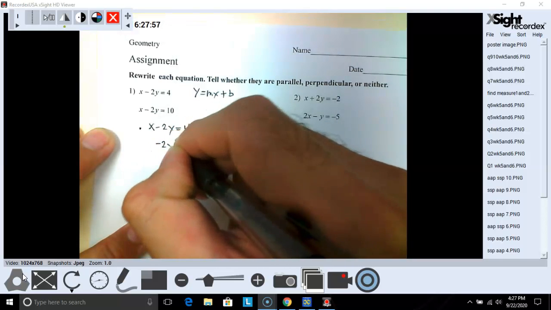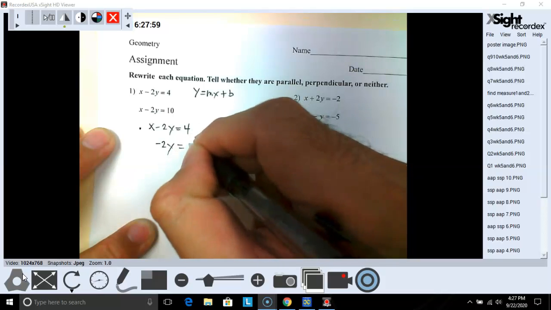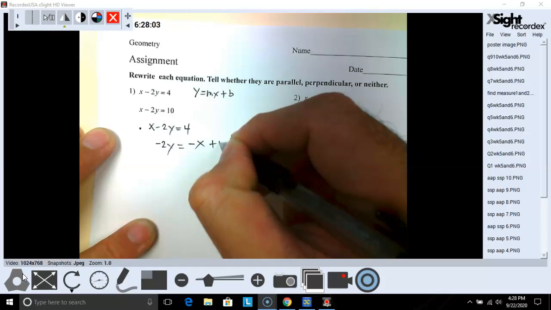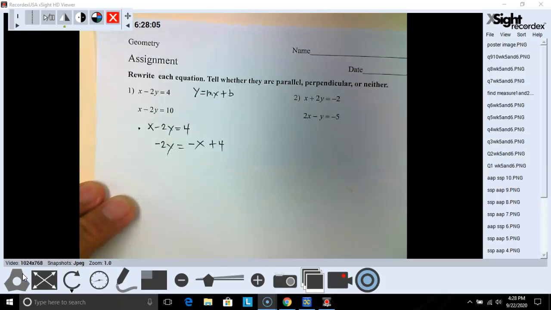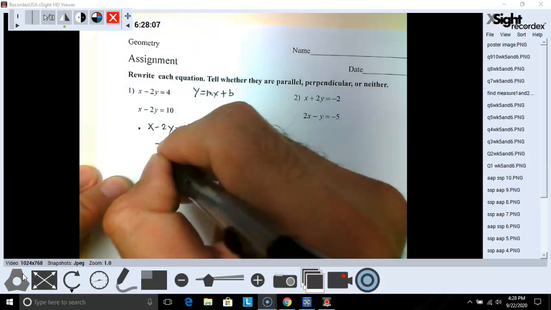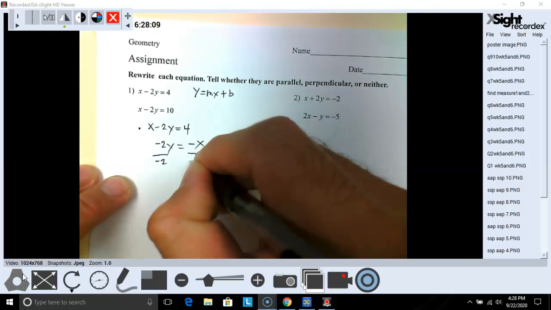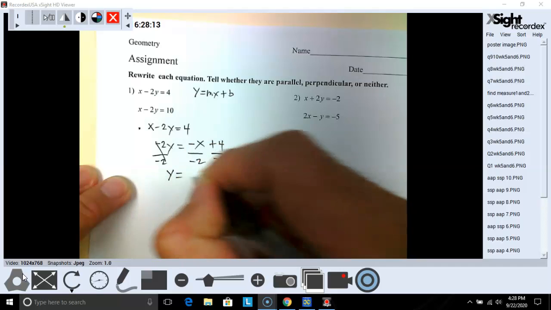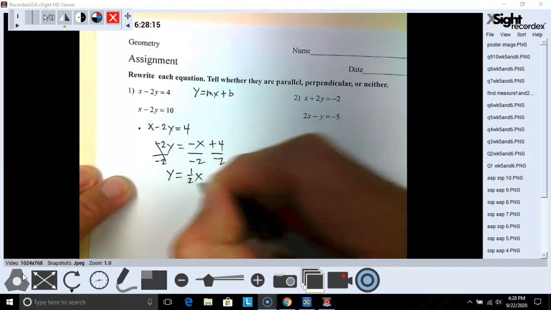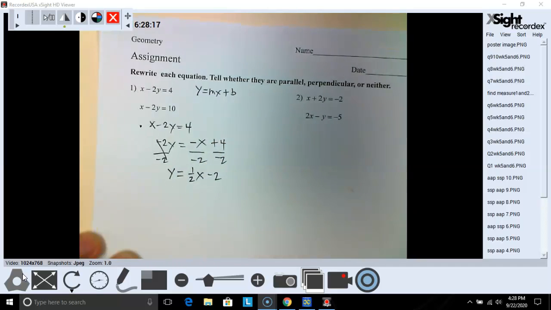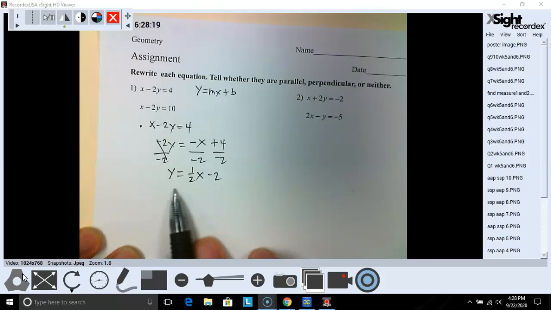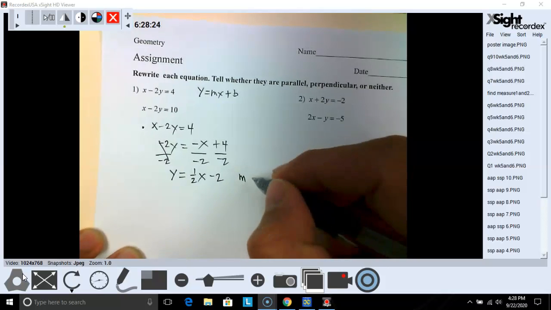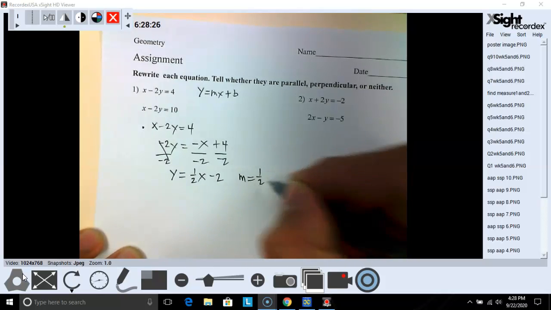We're going to isolate the y on the left and transfer the x on the right side. Then -2 divided by -2. Therefore, y is positive 1/2 x minus 2. Looking at this equation, our slope, which is represented by the letter m, is 1/2.